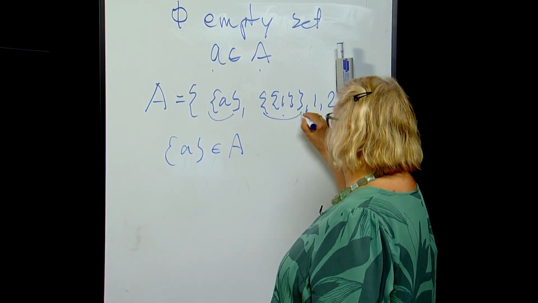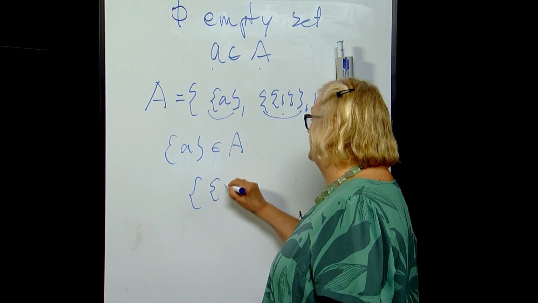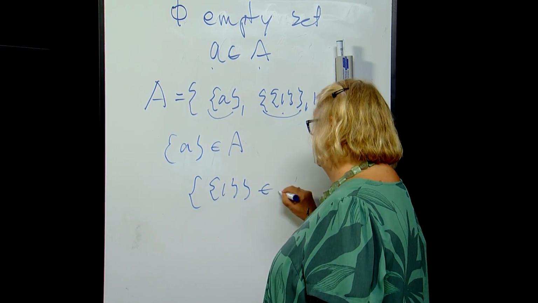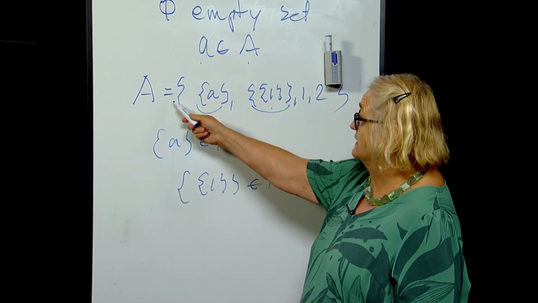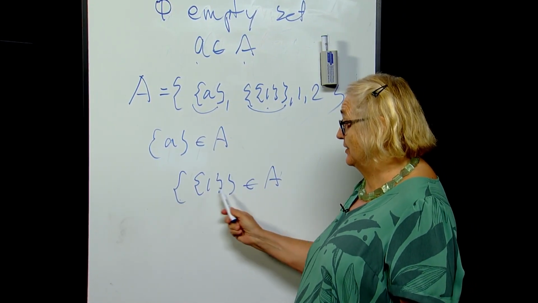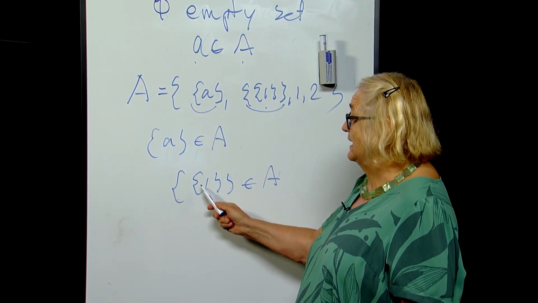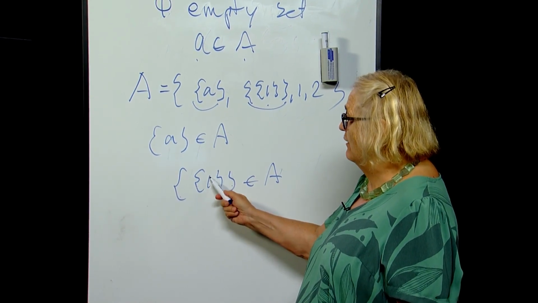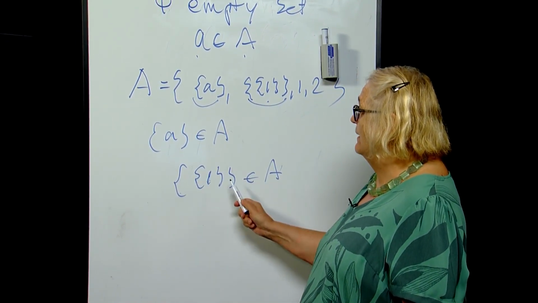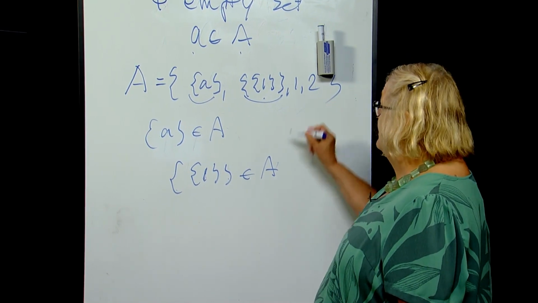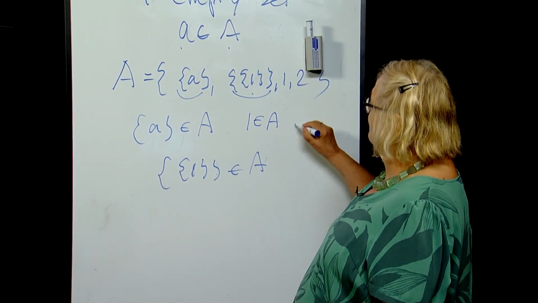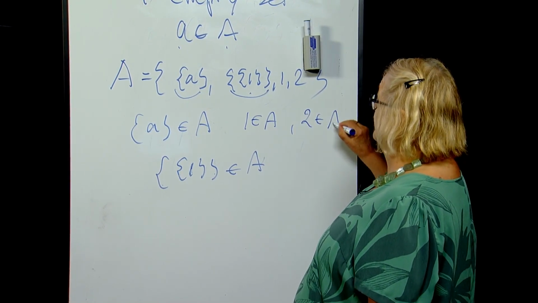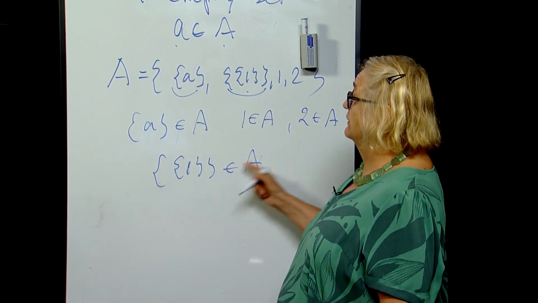Now this is another element of the set, which is a little bit more complicated, but what does it mean? This element of this set is a set which has only the number 1 as the only element, and of course you have that 1 is an element of A, and 2 is an element of A, and you can see they're all different creatures.